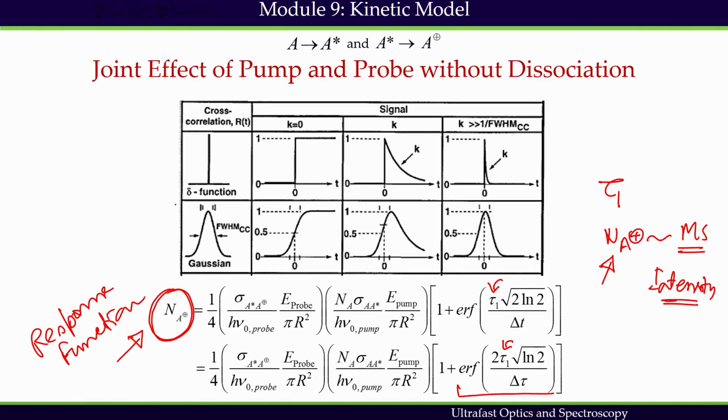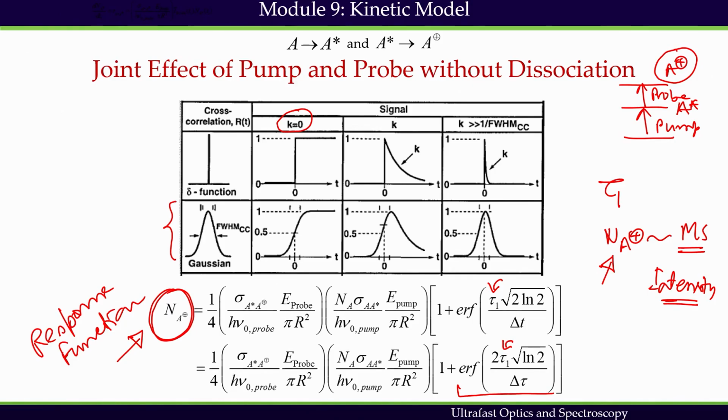So let us look at this variation. We have used a Gaussian pulse here, and we have considered that we do not have k. So A star is not dissociating, we have only pump and probe pulses, and we are creating positive ion. The moment we create positive ion, we can detect it, and we are trying to find out the total ion signal.